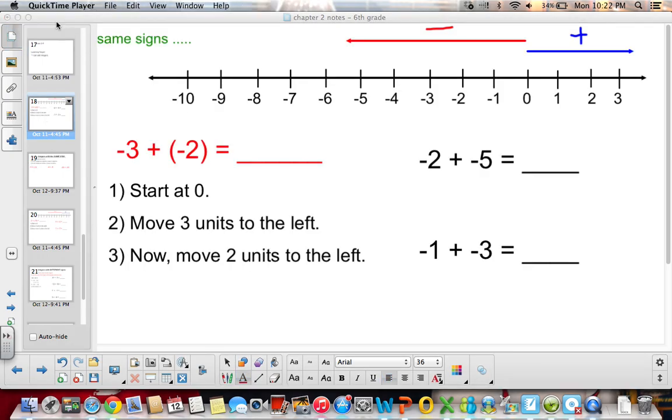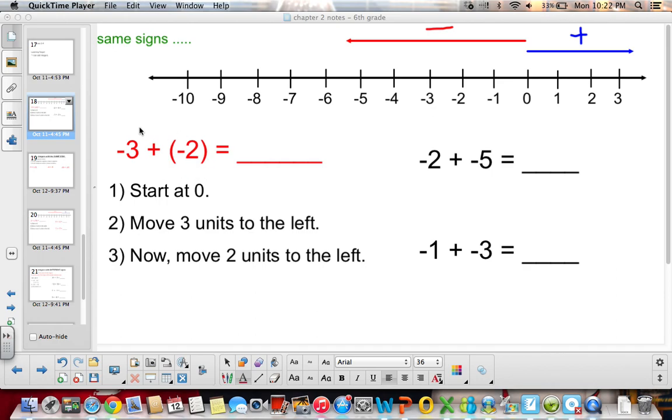All right, so looking at a number line, remember integers are positive or negative or zero numbers, okay? Using the number line that we used previously, we are going to add integers.